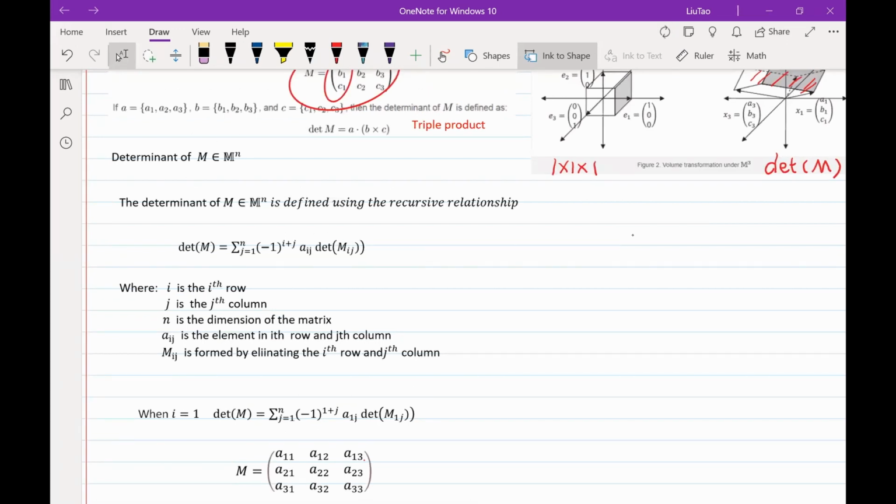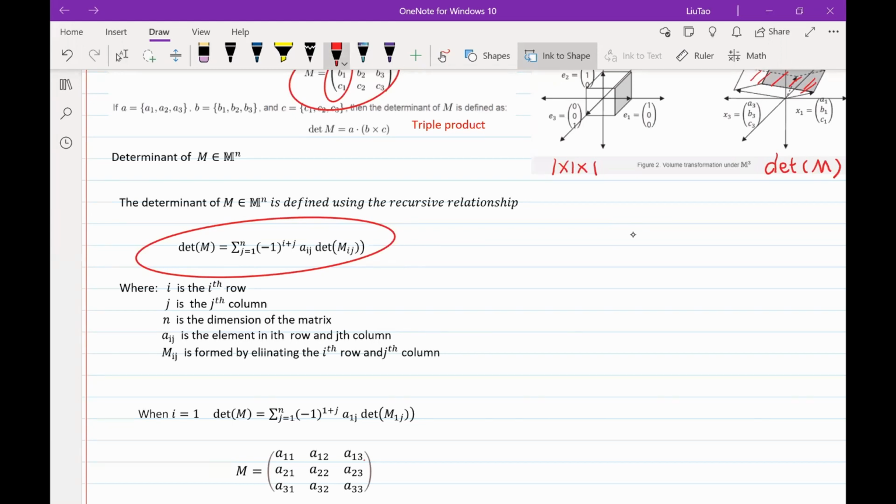If matrix M is an n by n matrix, then how can we find the determinant of this matrix? We can find the determinant of M using this formula. It's a recursive relationship. The determinant can be obtained by expanding either along the row or along the column.